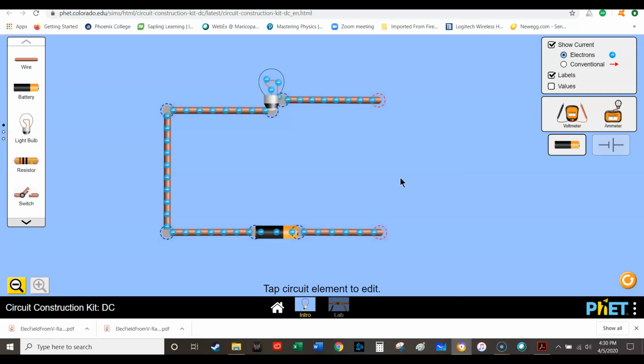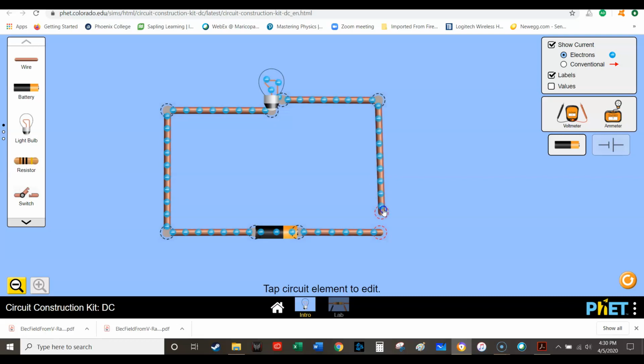So a lot of people believe that batteries create electrons. They don't. What they do is they create a potential energy, which gets the electrons that already exist in the wires moving. It gives them a potential energy, and that potential energy then gets converted to kinetic energy, and they begin to move.